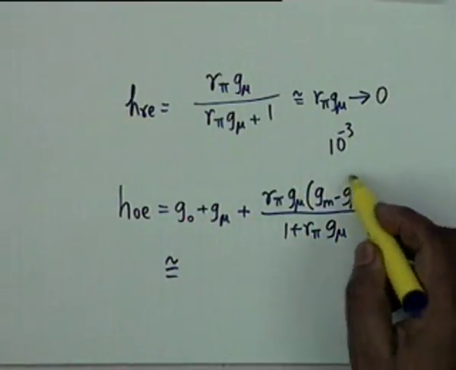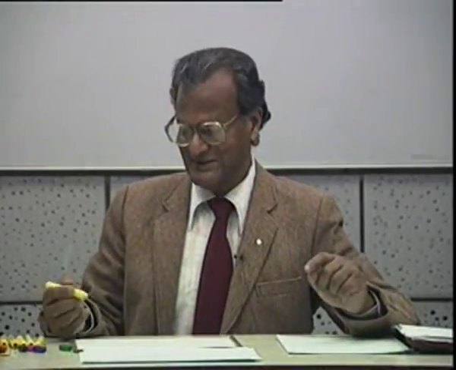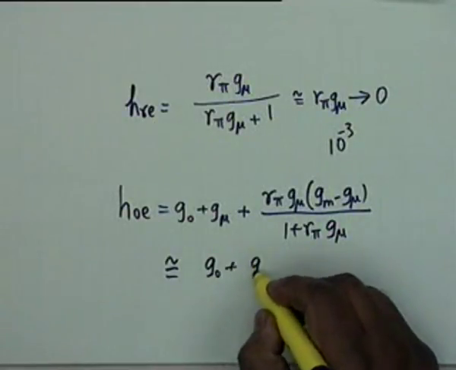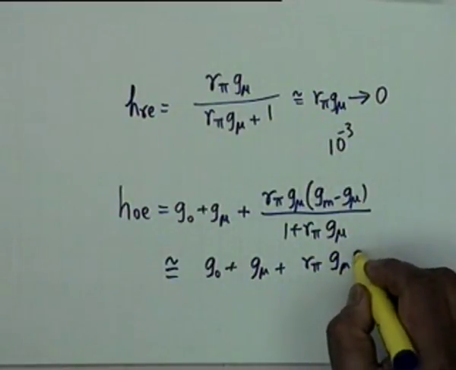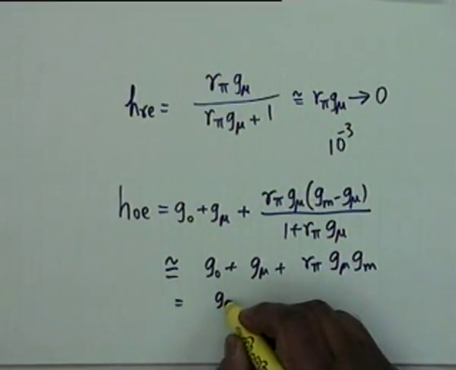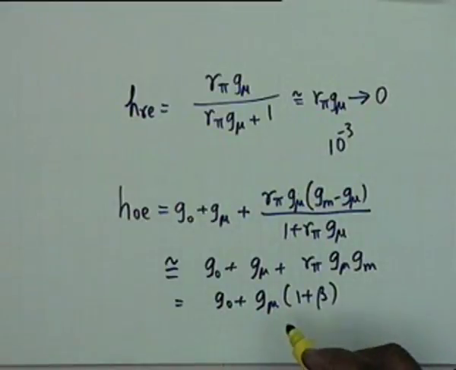You see that this quantity is approximately 0. What is approximately 0? No, this is not approximately 0. It is approximately r pi g mu gm, and this is equal to G0 plus G mu times 1 plus beta.